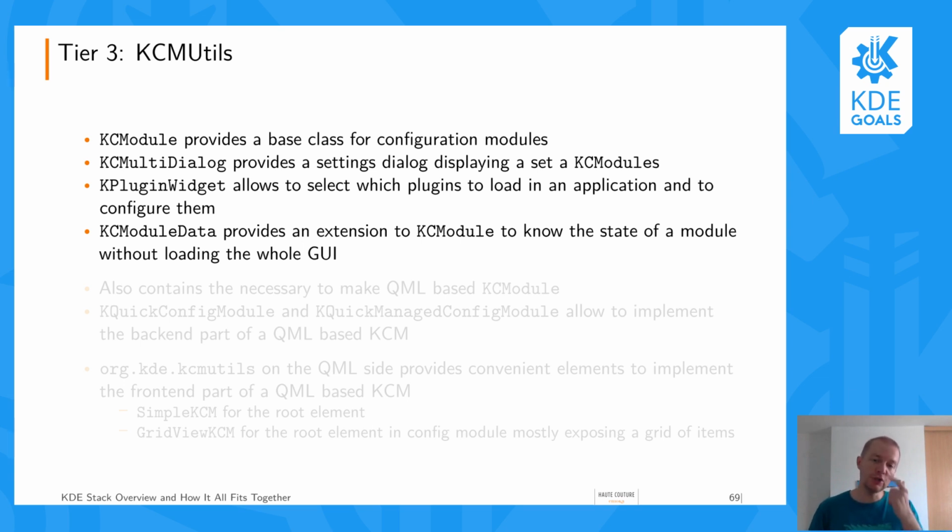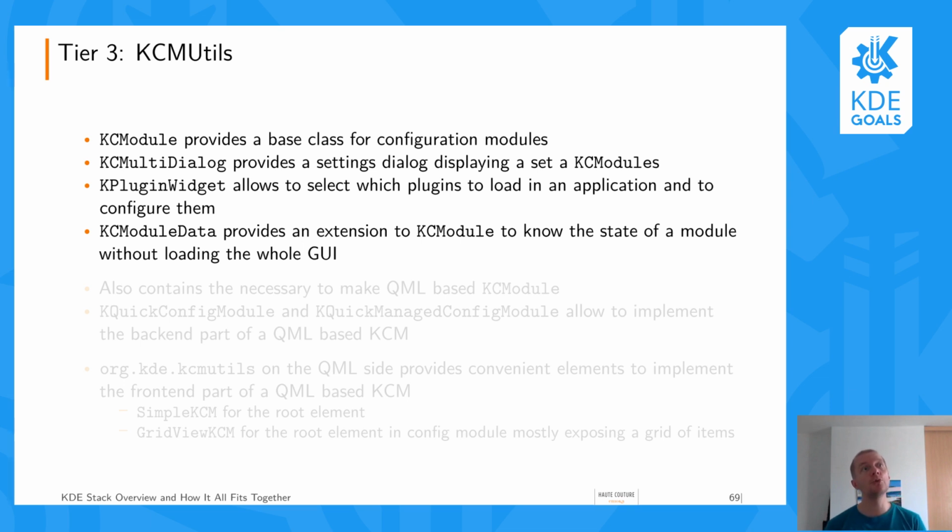We also get a KPluginWidget in there, which allows you to say, okay, I have a list of plugins, list them all, and the user can decide which ones will be loaded or not, or you can configure a single plugin. And KCModuleData, which is a more recent implementation, which was actually done by my company for some project, for extending KCModules to know the state of a module without loading the whole GUI.